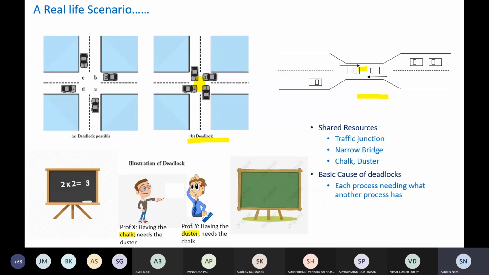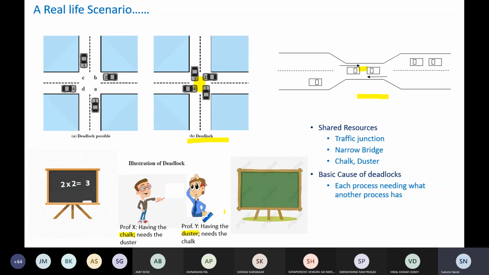Here is a situation where one faculty member has the chalk. Probably there is only one chalk available, and he requires a duster to continue with the class. The other faculty member has the duster. There is only one duster in the department, and he does not have the chalk, so he cannot start the class.